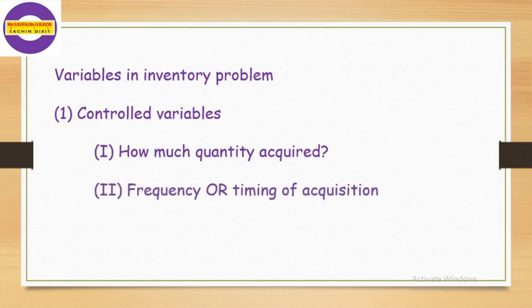Second, frequency or timing of acquisition. The inventory should be replenished when, first, the amount in stock is equal to or below S quantity units; second, when the amount in stock and the amount on order are equal to or below Z; and third, at T time, at every T time unit.